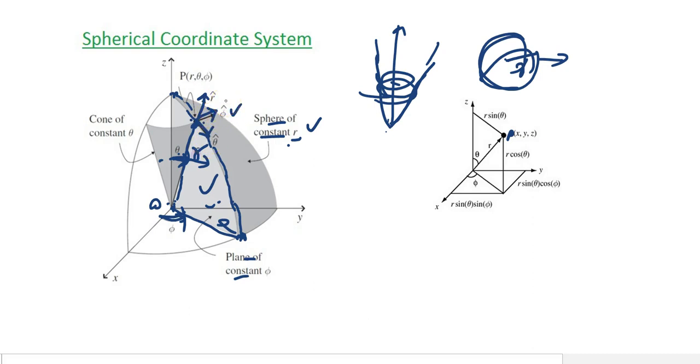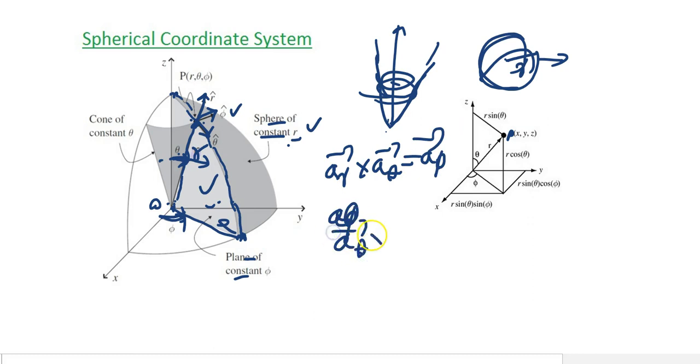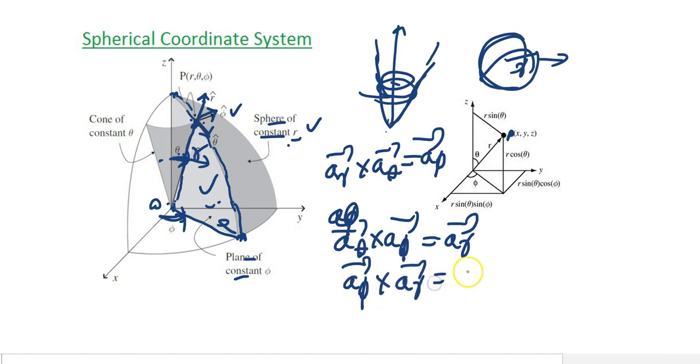You can see ar cross a theta gives you a phi, then a theta cross a phi gives you ar, then a phi cross ar gives you a theta.